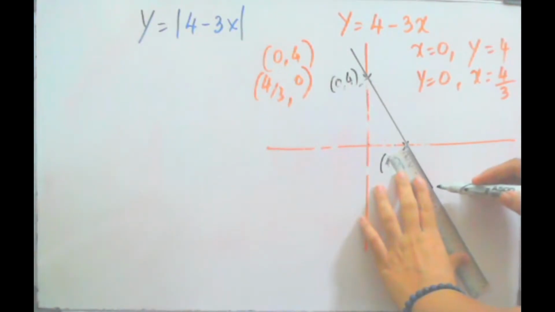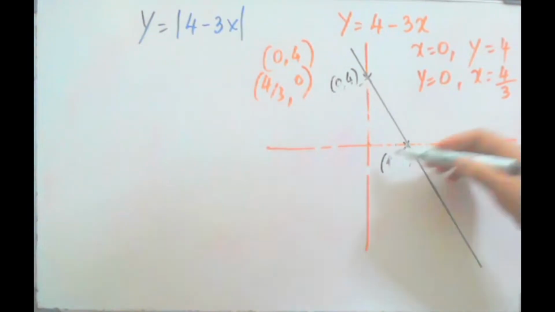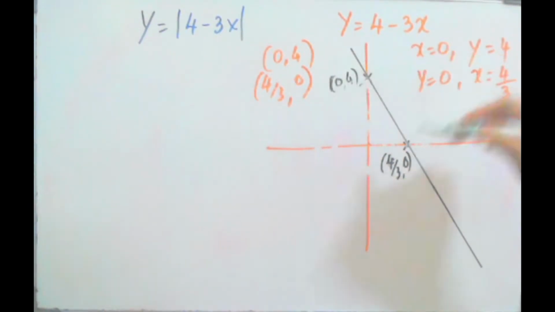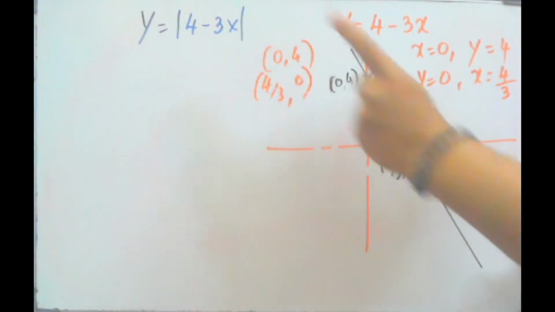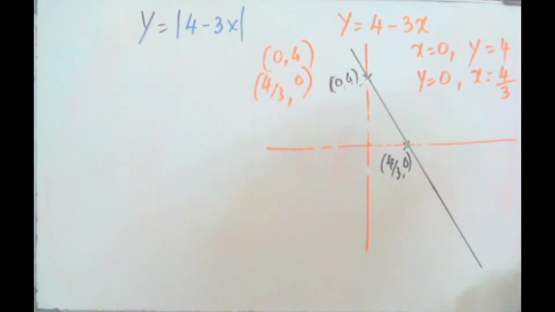So the line looks like this. This is (4/3, 0). This is (0, 4). Alright. So now the change that will happen when we introduce modulus is that the negative part of the y values of the line will be converted into positive.